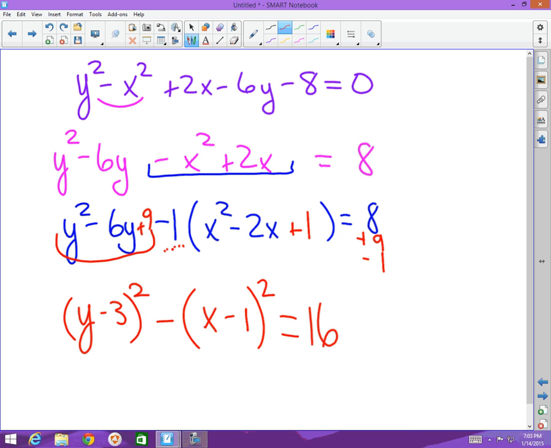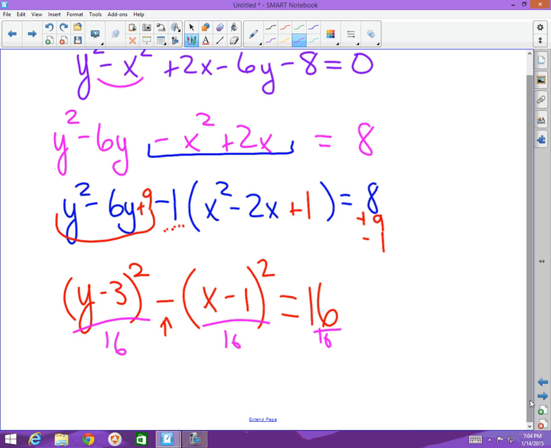And now, what are we looking at? That's a good question. It could be a hyperbola because you got a subtraction sign in between, but you don't have 1 on that side yet. Oh, so let's make that 1 and we divide by 16.